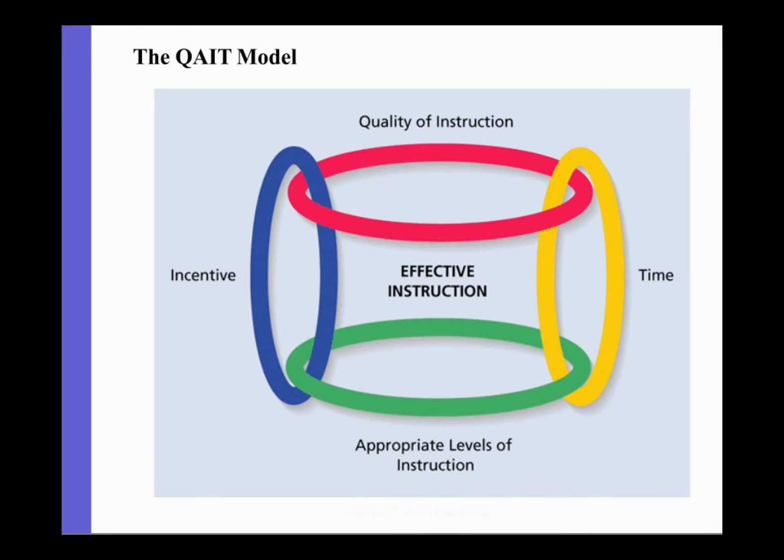So here's the model. Let me go back and see what page it's on. It is on page 217 when we look at Slavin's model, and it's figure 9.1. He talks about how these are interlocking: effective instruction is all these components, quality of instruction, time, appropriate levels of instruction, and incentive, all locking together to make effective instruction.